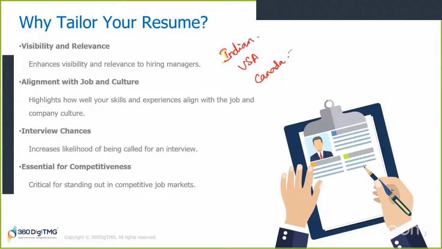And then interview chances. Like you, thousands of people will apply for that particular job. If I need to be selected for that particular job role, you need to mention the key skills and whatever experiences and achievements you have, and they should be mentioned in the proper layout.